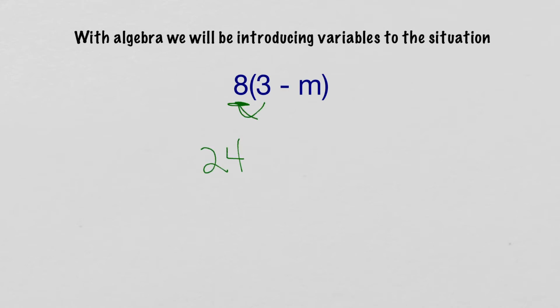I'm going to say 8 times m is 8m. Now this time, if you look, I had a subtraction in there, so I will put a subtraction in my answer. You always put whatever you had in the original problem. If I have an addition, I put addition in my answer. If I have subtraction, I put subtraction in my answer. So this one turns into 24 minus 8m.